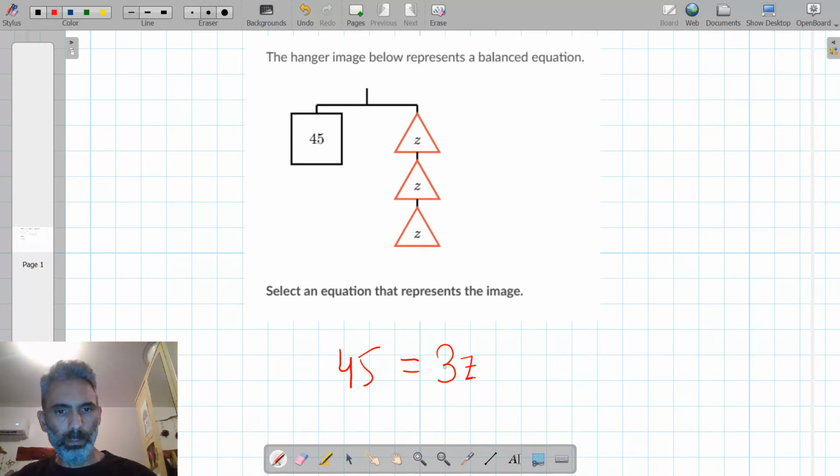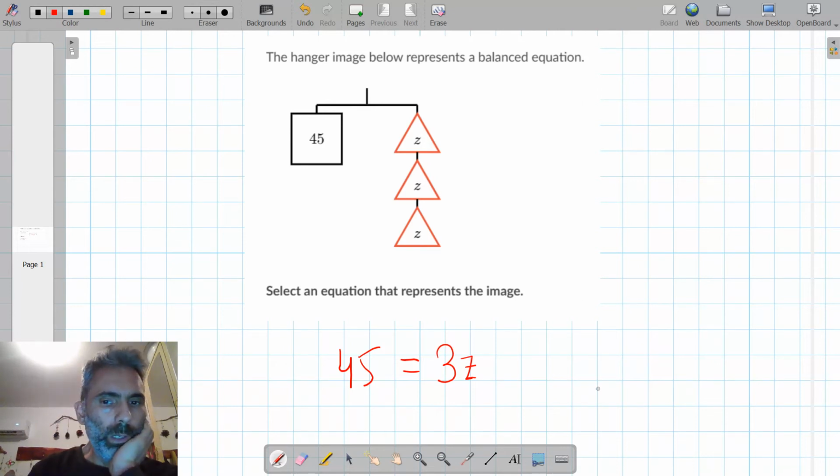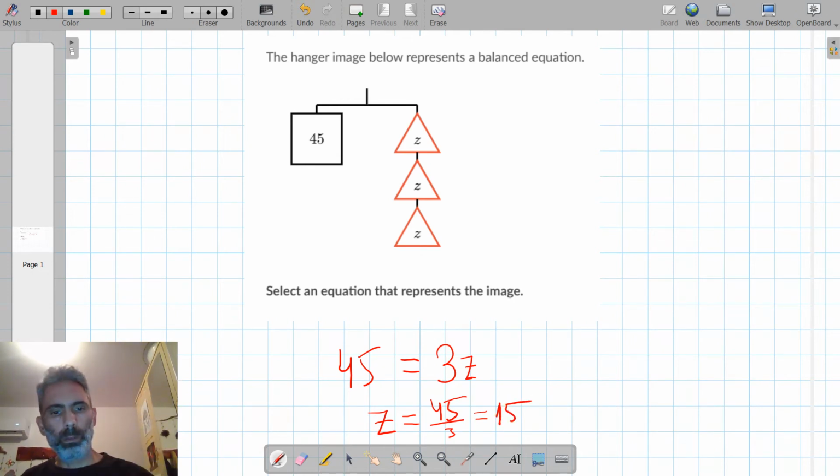So we are looking for this equation, or another way to see it is that 1z equals 45 divided by 3, or z equals 15. These are two valid ways to see this equation or this diagram.